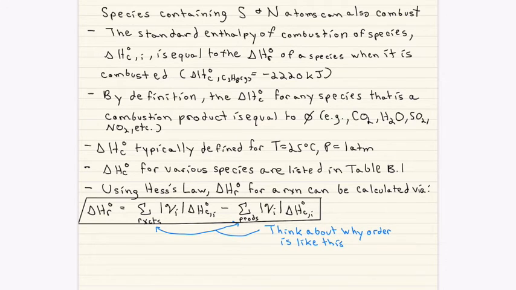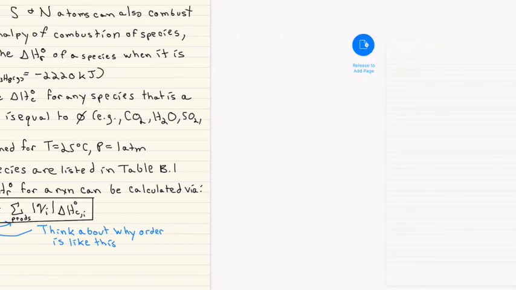Let's now practice using this equation by working through example 9.4-1 in the book. So we'll work through this example. And so what this example is asking us to do is it's asking us to calculate our standard enthalpy of reaction for this reaction.